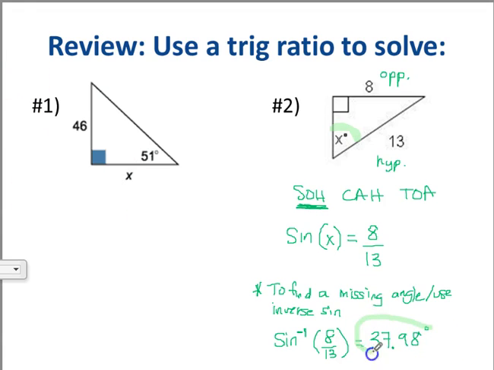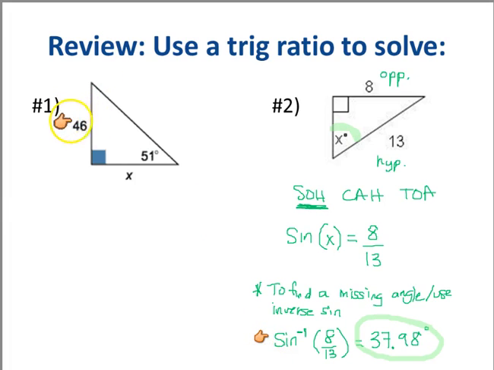Again, because I'm trying to find an angle measurement, and the angle always goes right after the sine or the cosine or the tangent, you need to use that inverse key to find that missing degree.